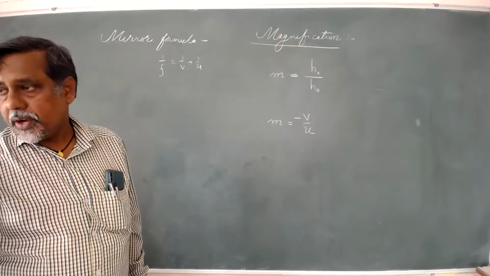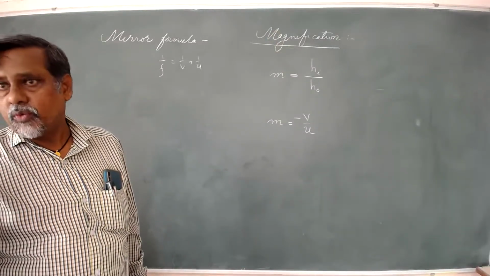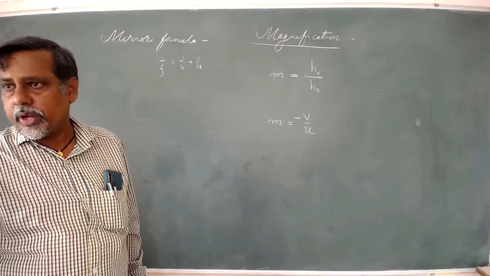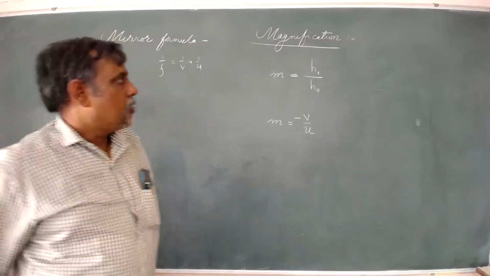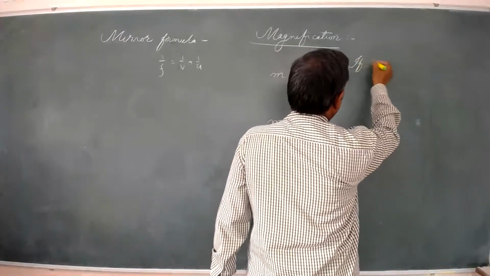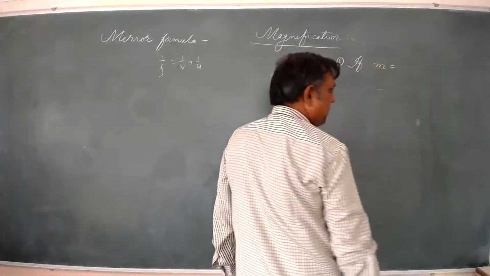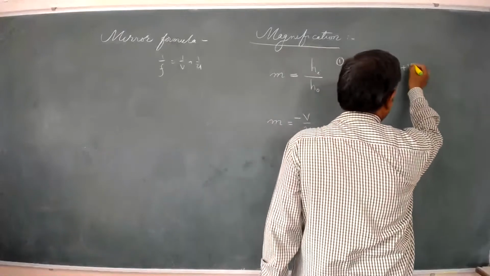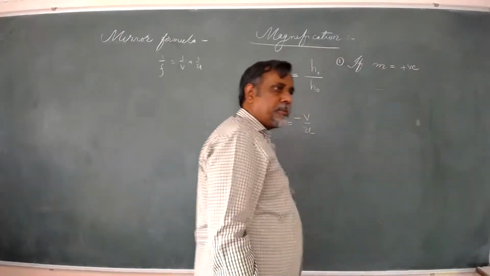There are 5 points I told you which we will be following while solving problems. What are they? The very first point is, if in any situation magnification is positive, what's the conclusion?